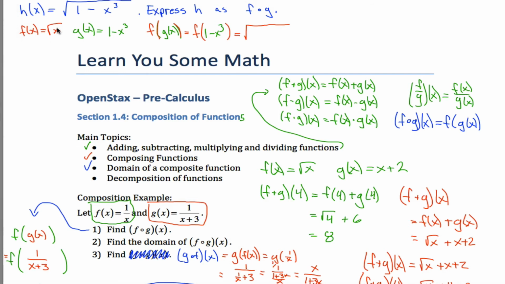I'd copy this thing, and everywhere I see the letter x, I would replace it with 1 minus x cubed. And I would get exactly this. Oh, cool. Put a little check mark by it. It looks like this function decomposes into these pieces. So my answer would be something like, so f of x, well, I guess it's what's written above. So my answer would be f of x equals this and g of x equals this if I want to express h in this way.